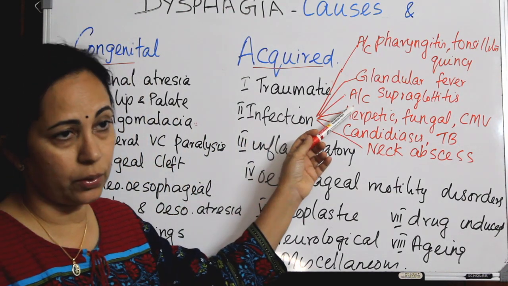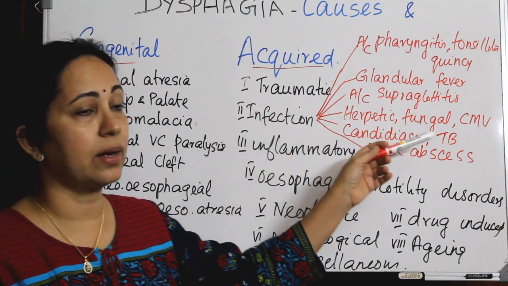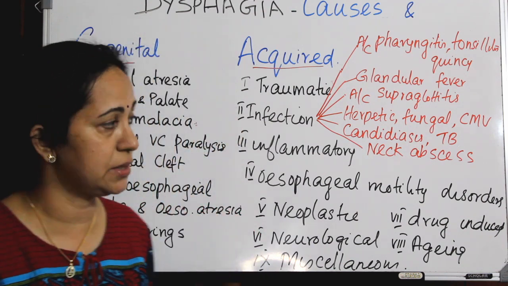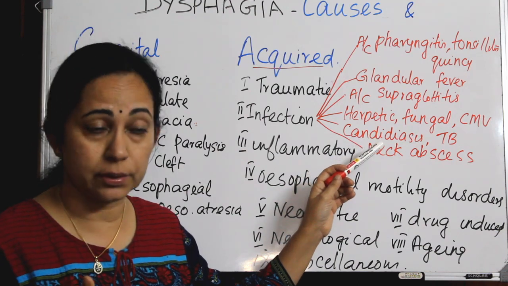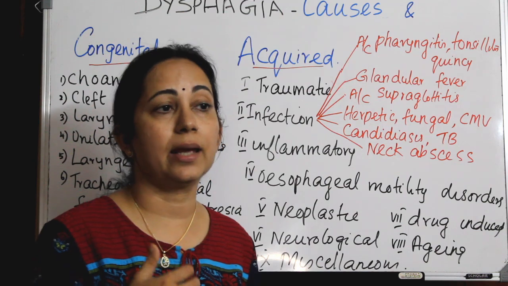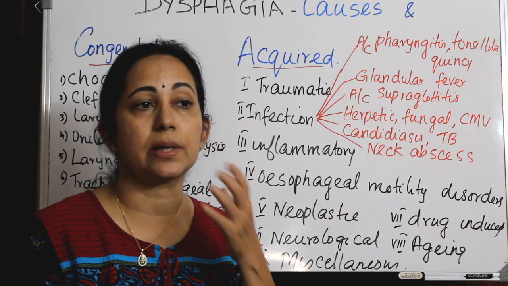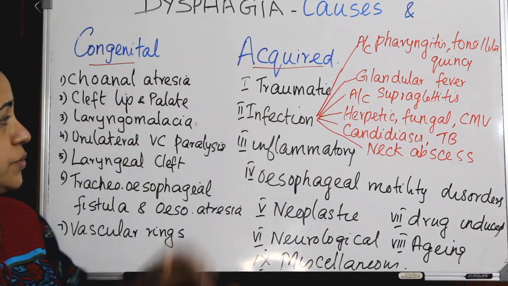Then acute supraglottitis, again presenting with dysphagia. Then herpetic, fungal or cytomegalovirus infections causing mucosal lesions leading to dysphagia. Candidiasis of the oral cavity and also the esophagus, tuberculosis and neck abscesses like retropharyngeal abscess, parapharyngeal abscess or submandibular abscess. All these are the infective causes for dysphagia.